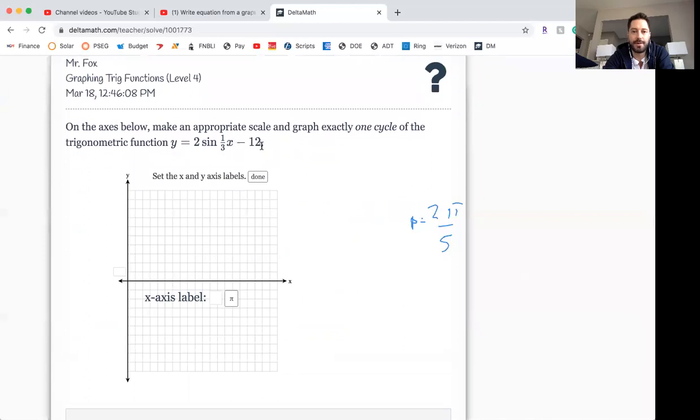Okay, so here we've got a sine function. Let's do this. Clear. We've got a c value of -12. So I'm going to go down by 2's.